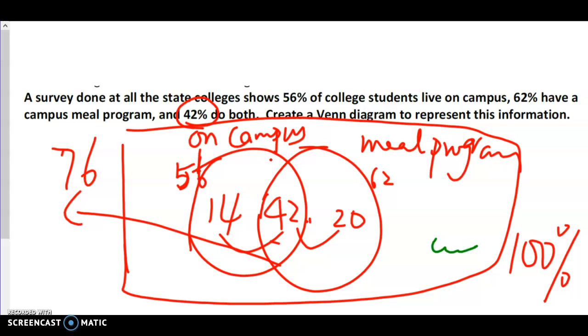So the number will be 100 minus 76, which is equal to 24. That means 24 students neither live on campus nor have the campus meal program. Okay, 24 students. That will be your total Venn diagram graph.